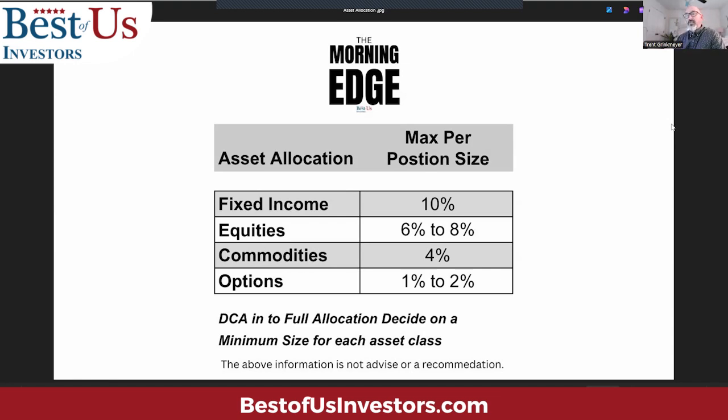In equities, this is up for debate, but I believe between 6 and 8% is a max you should have. The portfolio that I run has 12 positions: 7 equity positions and 5 cryptocurrency positions, and the max allocation to any one of those positions is 8%.